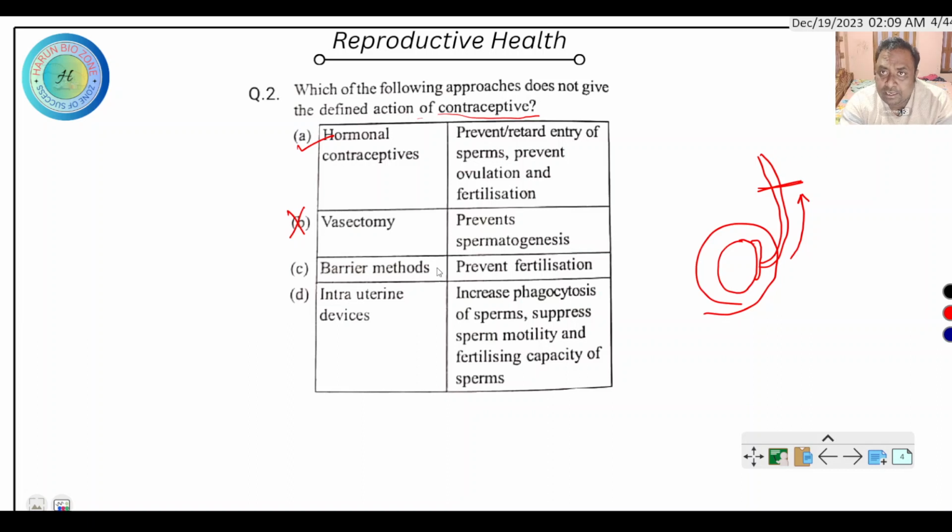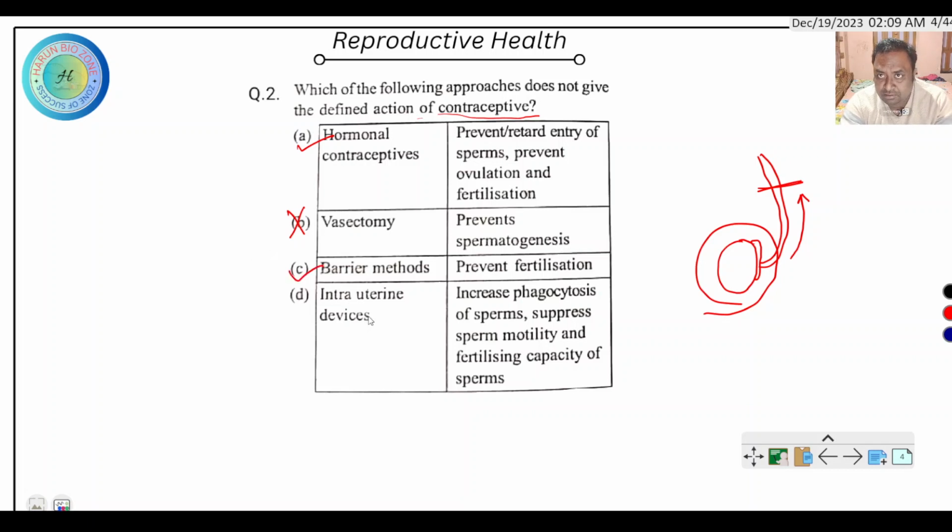Barrier method: barrier means like condom. Barrier methods prevent fertilization because sperm do not enter the uterus, fallopian tube or cervix region. This is also right.